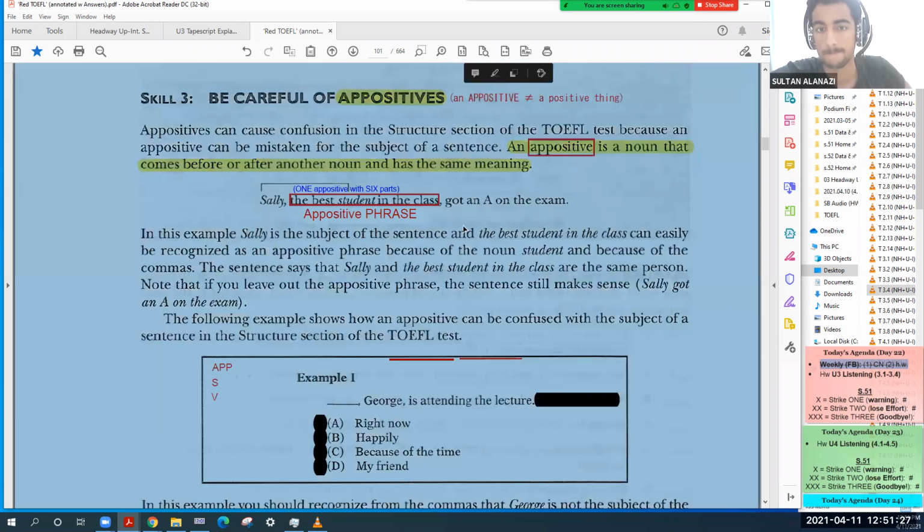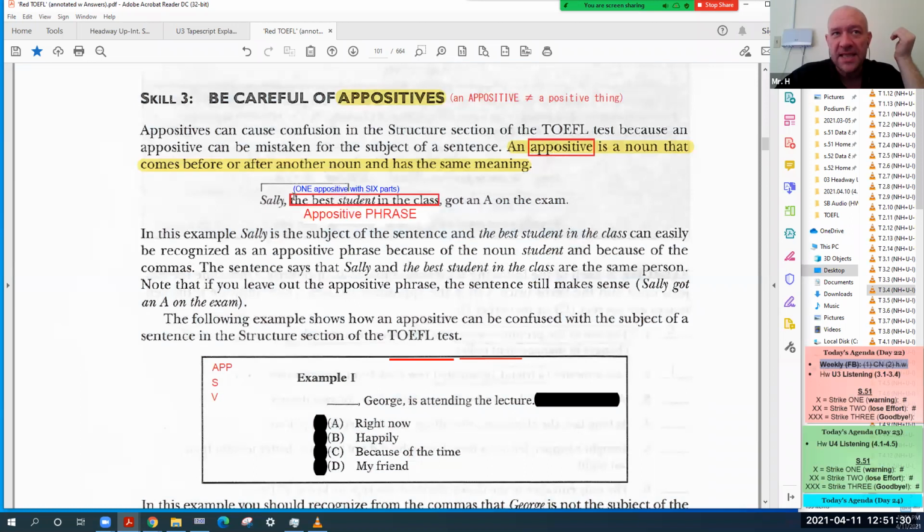What you should know is this. How is it different from an adjective clause? Do you know the difference from an adjective clause? We don't have a verb here. Well, what about a reduced adjective clause?